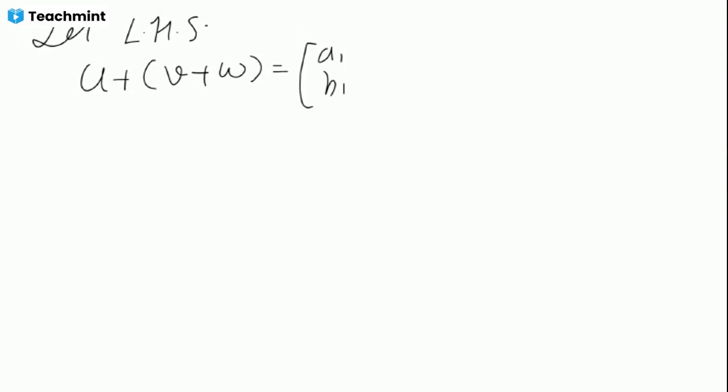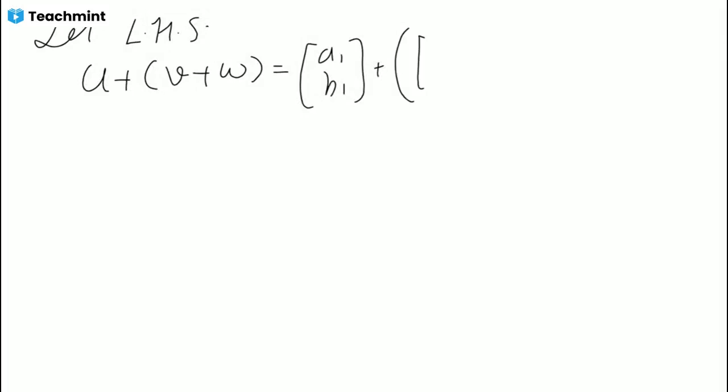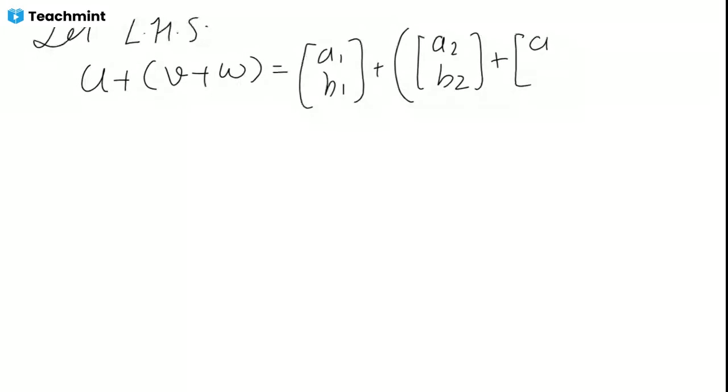So let LHS, that is U plus V plus W, equal to A1 B1 plus A2 B2 and A3 B3.